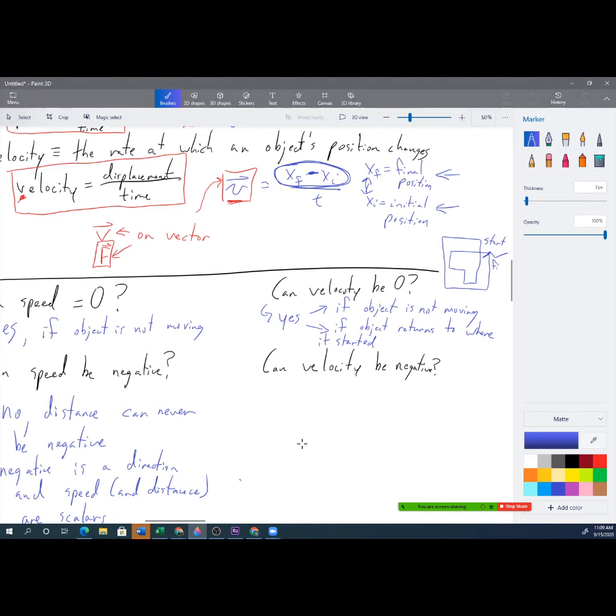If you finish where you started, you would actually still have a velocity of 0 because you came back to the same place. So there are two ways. If you're not moving, velocity of 0, but if you return to where you started also, you will have a velocity of 0. So that's one that kind of trips the students up a little bit every year.